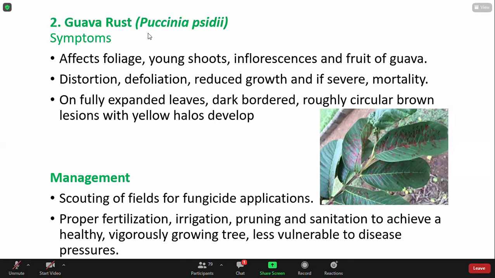In the Alternaria spot, it contained reddish brown small spots on the fruits. Okay. Any clarification you need further? Or shall we wind up?